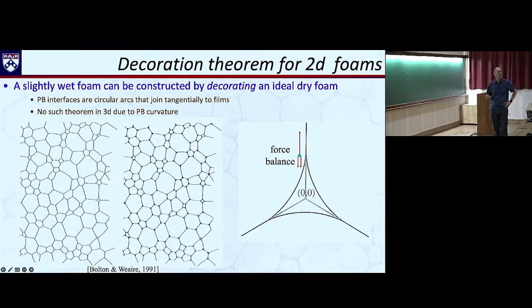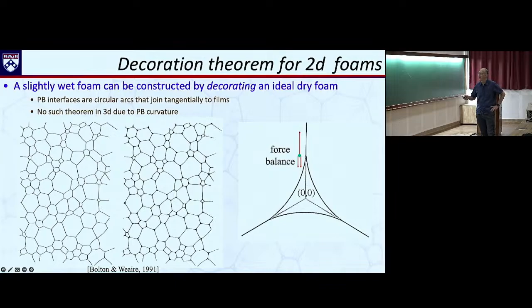They're actually the same structure except for a little bit of paint. You painted or decorated on a little bit of wetness in those Plateau borders. And here's a blow-up of one of those regions. Here is a film of 0 thickness, and it splits up into a Plateau border. So there's liquid inside and there's gas out here, so this is a gas-liquid interface.